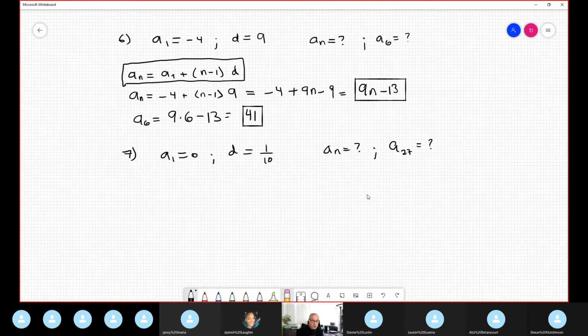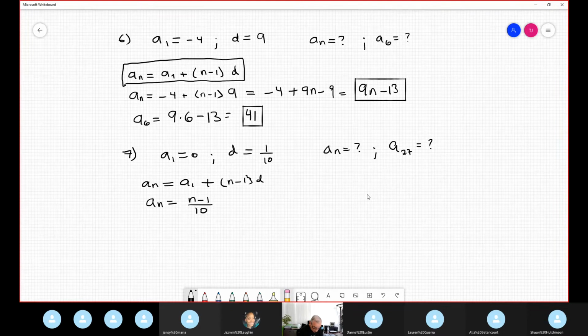So the formula is, again, I copy: A sub n is equal to A sub 1 plus n minus 1 times d. In our specific example, A sub 1 is 0, so I have n minus 1 divided by 10, or parentheses, whatever you want to write. This is my formula. So A sub 27 is equal to 27 minus 1 divided by 10.